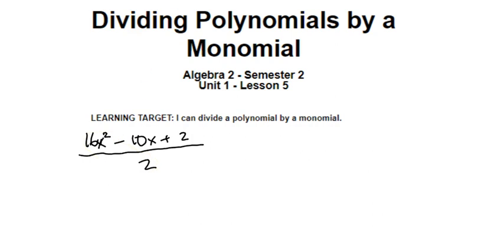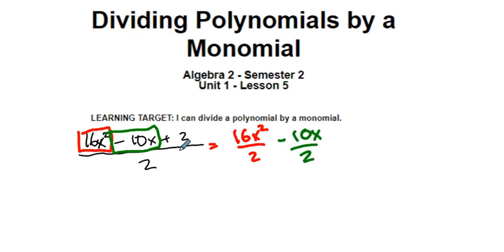Let's say we make this red right here. Then we have 16x squared over 2. If we make this green, then you have negative 10x over 2, and then you have your last one, 2 over 2.